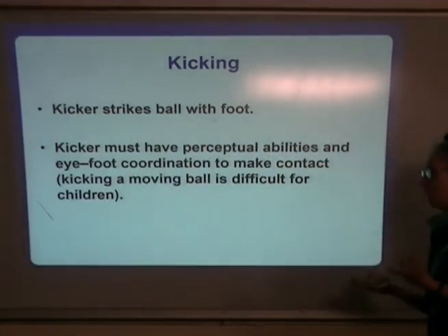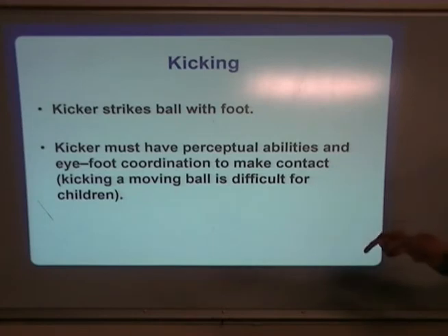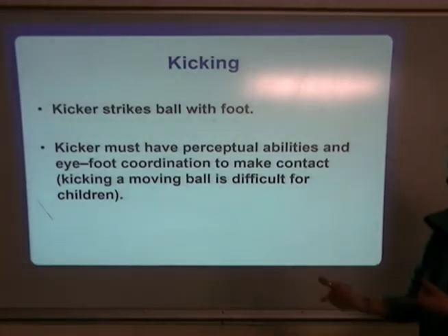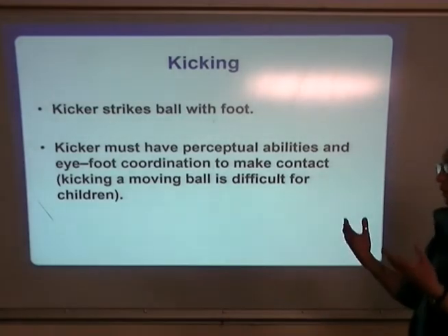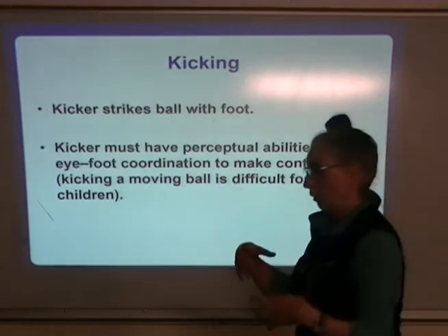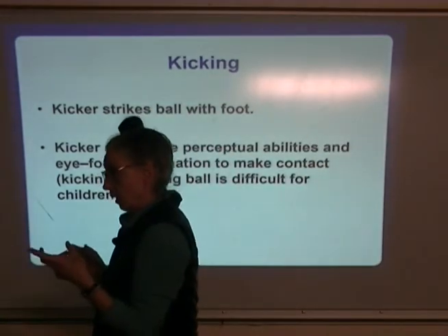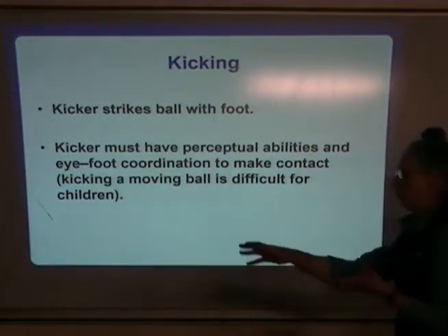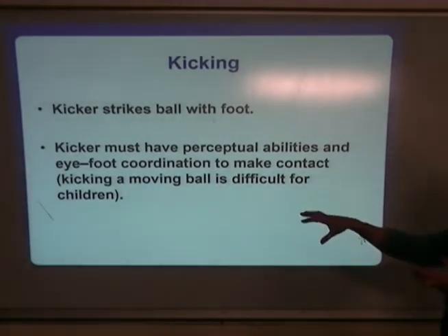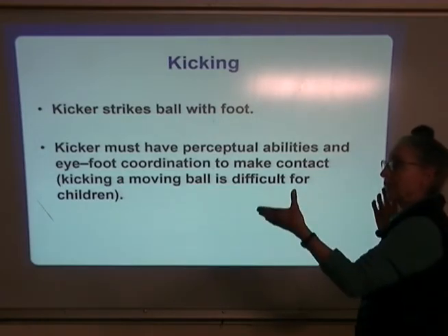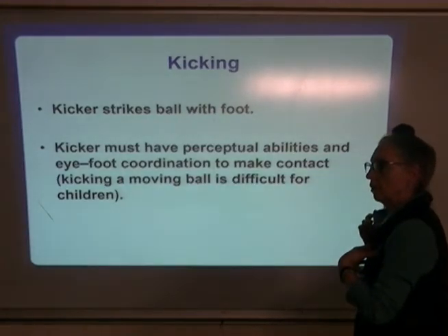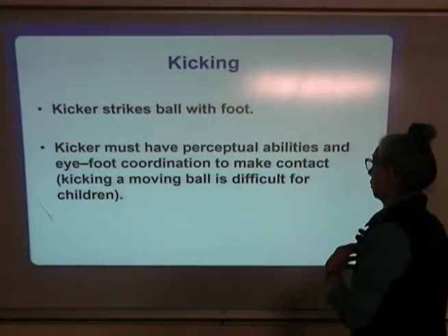Kicking, however, I'm no longer in control of the thing I'm kicking, right? It's a ballistic skill because in order to make the ball move from point A to point B, I have to apply a force to it. But that ball could be stationary, that ball could be rolling, that ball could be flying through the air, right? So there's much more variability involved in a ballistic skill where I'm not in control of the ball, right?